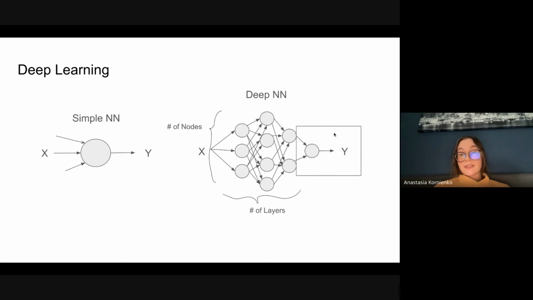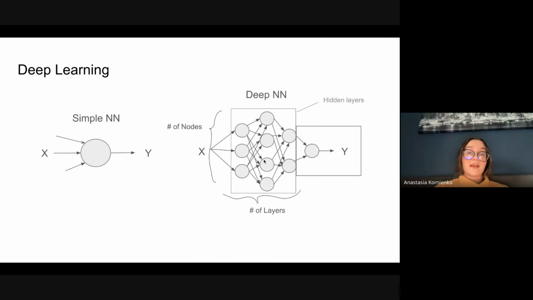So, what's common between a simple NN and a deep NN is this part, or even I would say this combined with this. It will look the same and will have the same output. It's the visible part of the neural network. We know about the input, we know about the output.